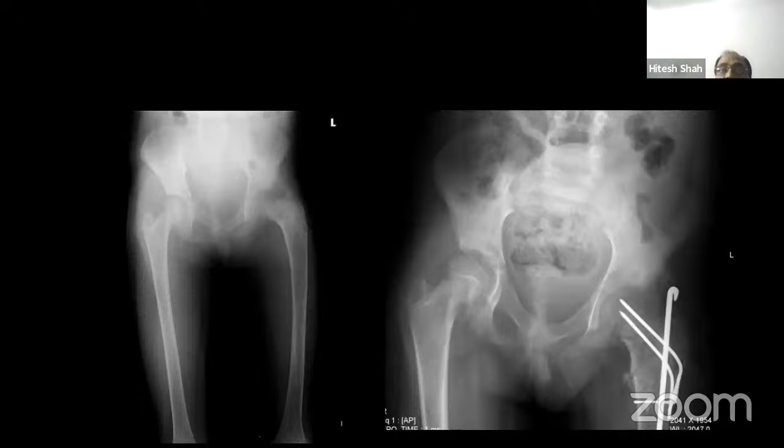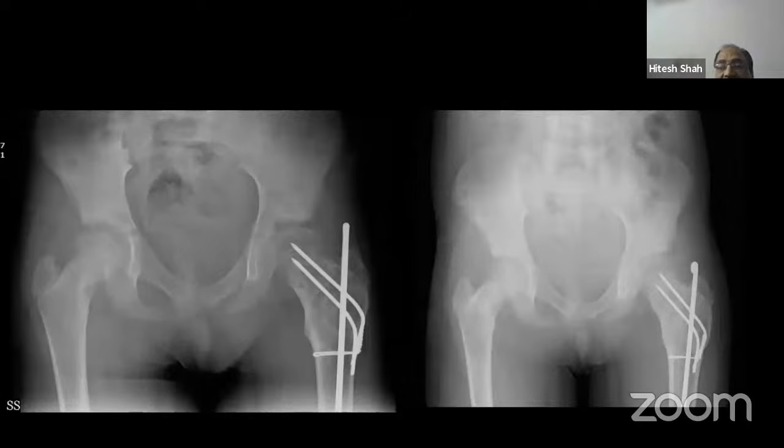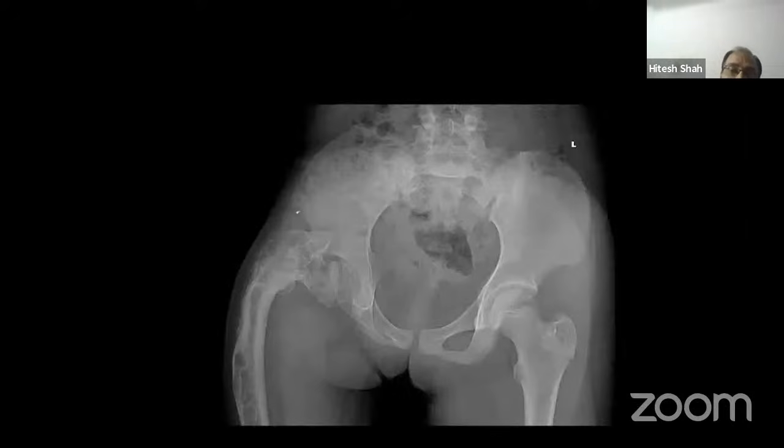So if we do plate and screw fixation, it can lead to a stress riser at the end of the plate. So it has been described by Fraziers. That is the technique we can do: K-wires, use the intramedullary nail and side. We can fix with the K-wire with the SS wire. The child has got a good correction of the Coxa Vara and it has been maintained at the final follow-up.